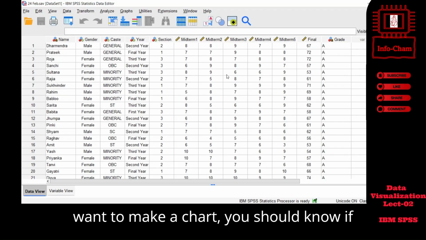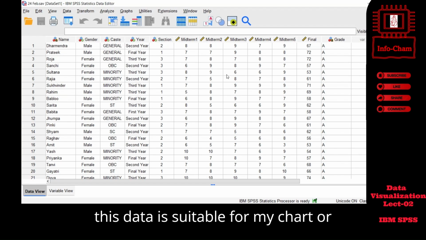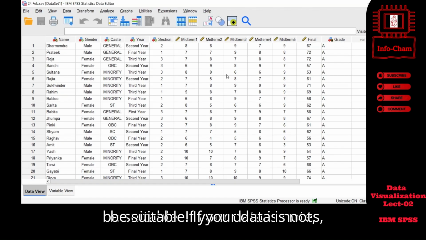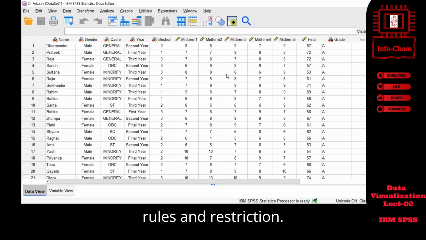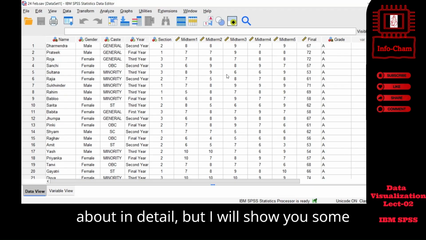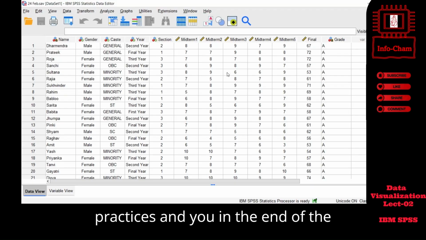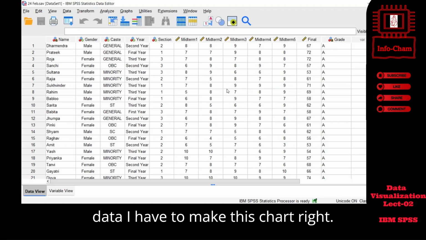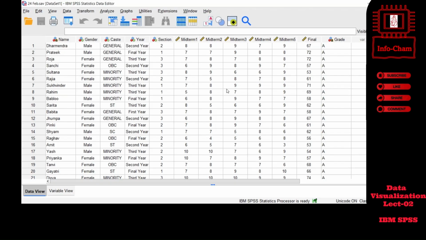If you want to make a chart, you should know whether the data is suitable for the chart, which is important, because every chart has some rules and restrictions. I am not going to talk about it in detail, but I will show you some practice, and by the end of the lesson you should know that if I have this data, I have to make this chart.